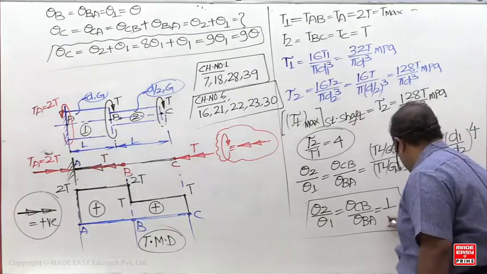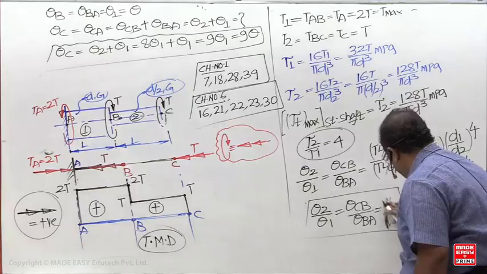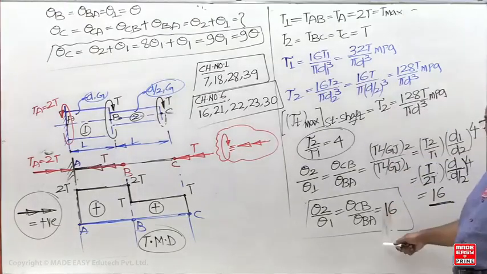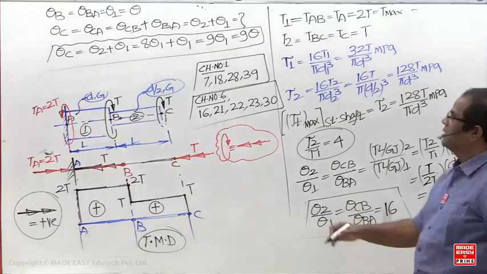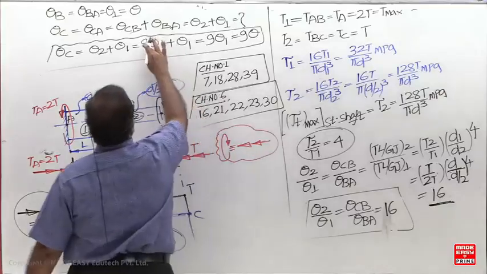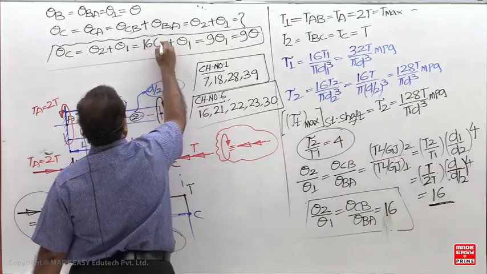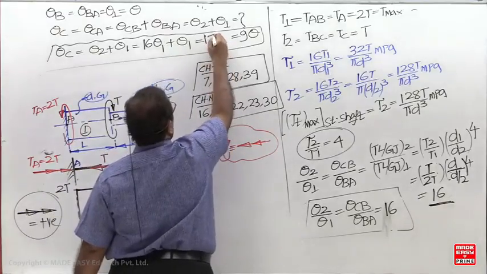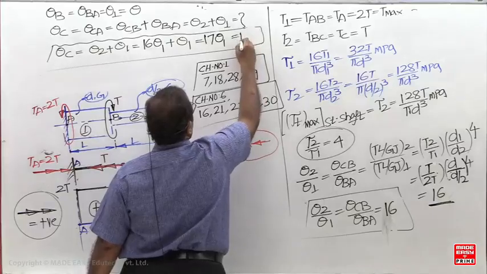So theta 2 by theta 1 is 16. Therefore it should be 16 theta 1, so it will be 17 theta 1. So the answer will be 17 theta.